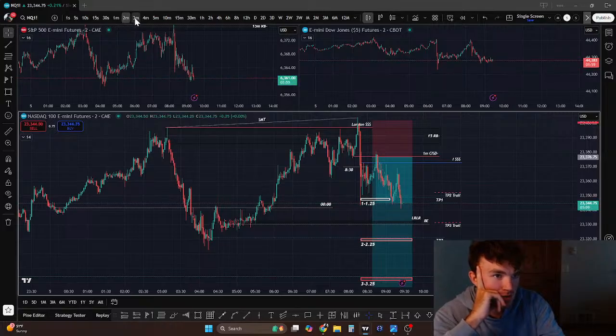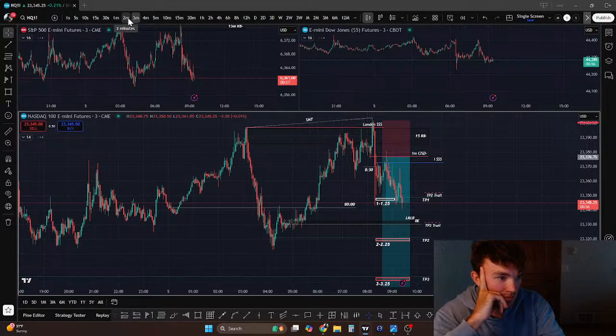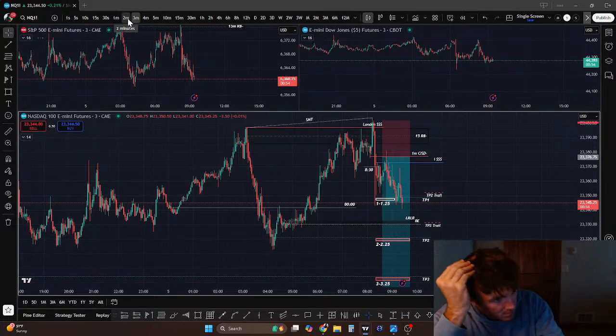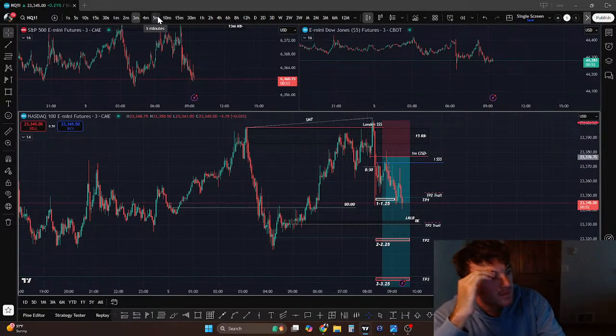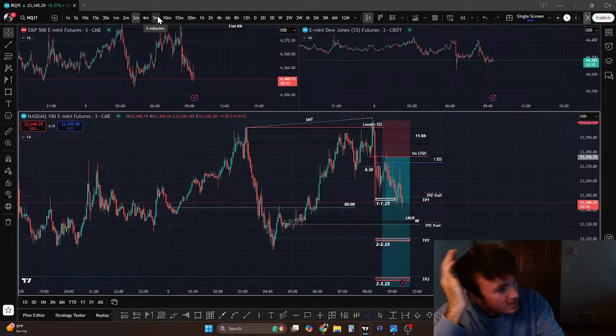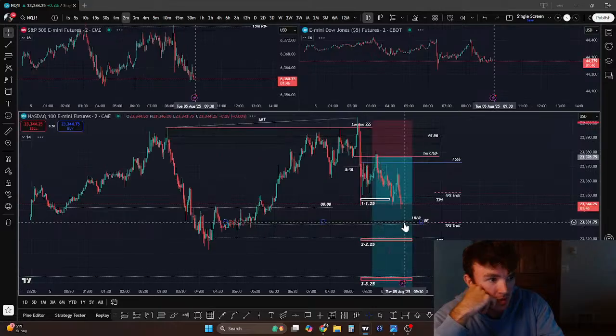Okay, we just got 2-minute change state. Market open in 4 minutes. I think this is a pretty good spot to go break even.